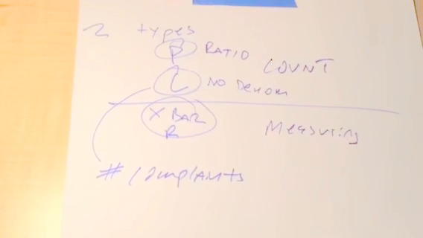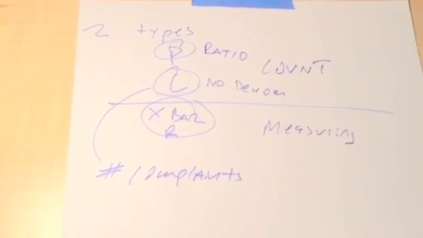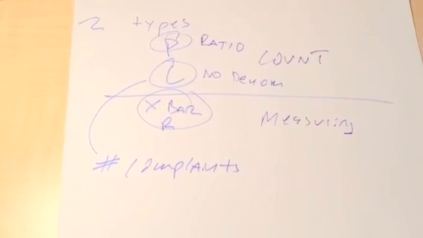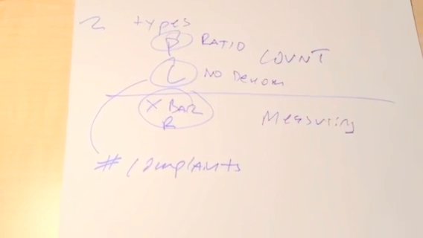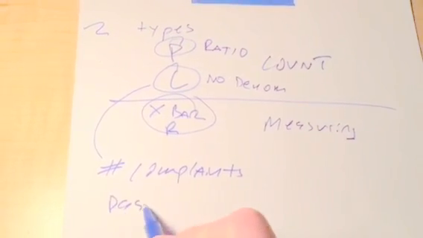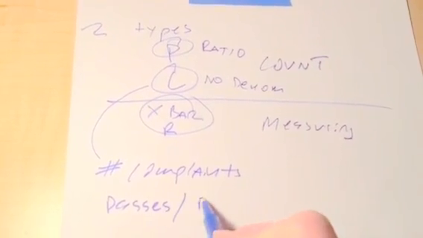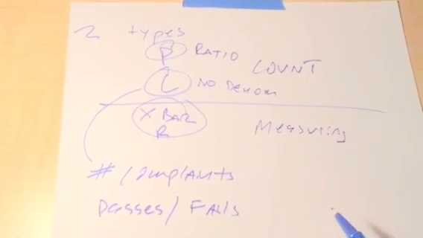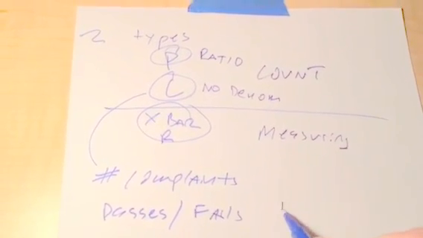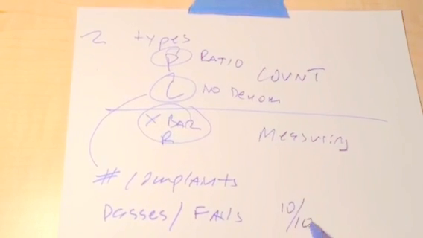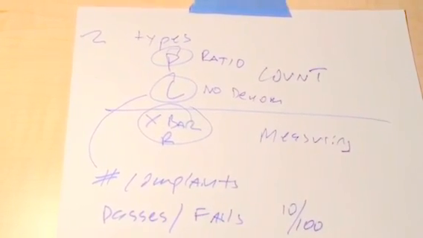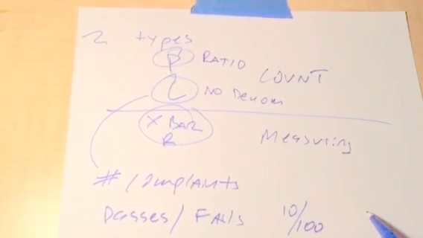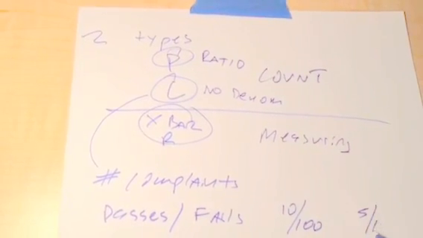Every hour we take a sample of 100 M&Ms, and for each M&M we either say it passes or it fails. And maybe in the first hour, 10 out of 100 M&Ms fail, and the next hour we take another sample, and 5 out of 100 M&Ms fail.